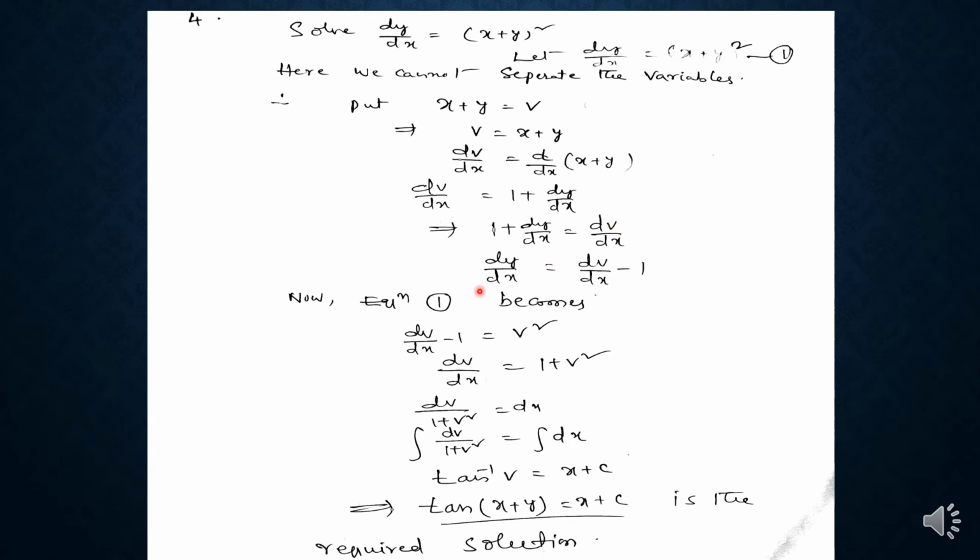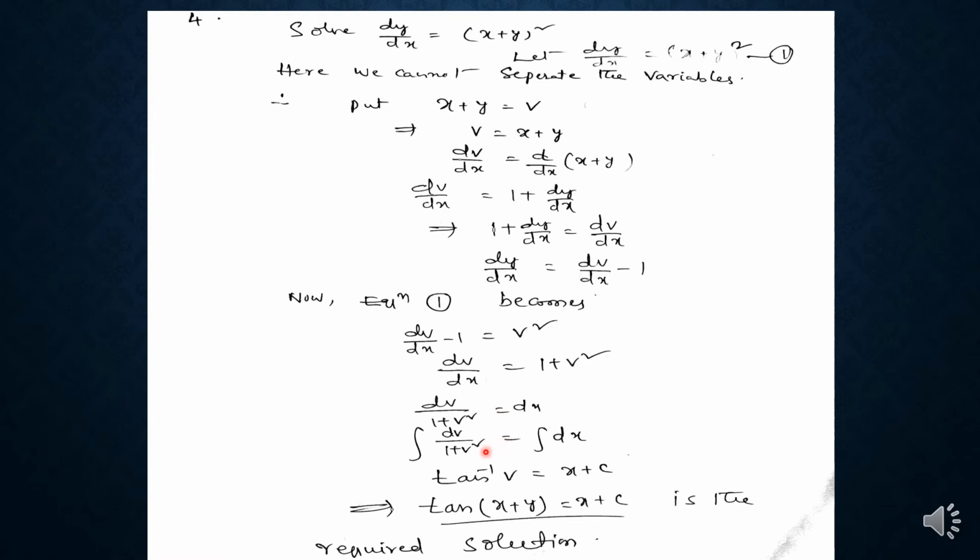Now substituting the dy by dx value and the x plus y value in the first equation, what will we get? dy by dx, which is dv by dx minus 1, is equal to v square. So dv by dx is equal to 1 plus v square. dv by (1 plus v square) is equal to dx.